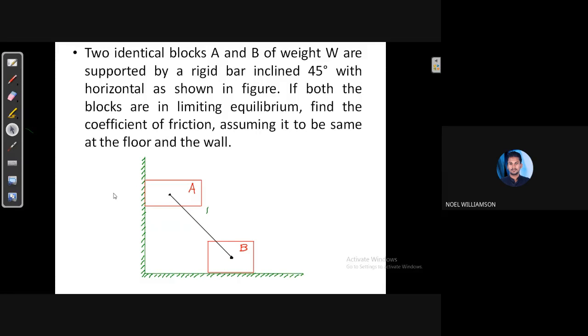Two identical blocks A and B of weight capital W, weight is not given, it is a variable capital W, are supported by a rigid bar inclined 45 degree with the horizontal as shown in the figure. If both the blocks are in limiting equilibrium, find the coefficient of friction assuming it to be same at the floor and the wall.